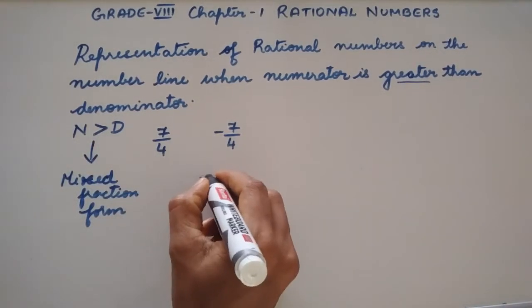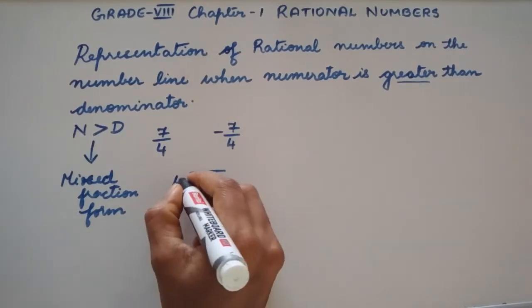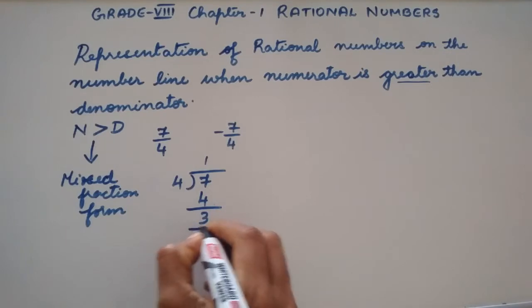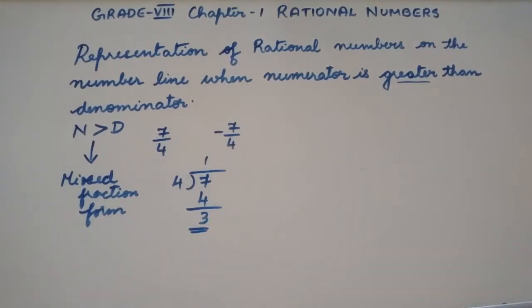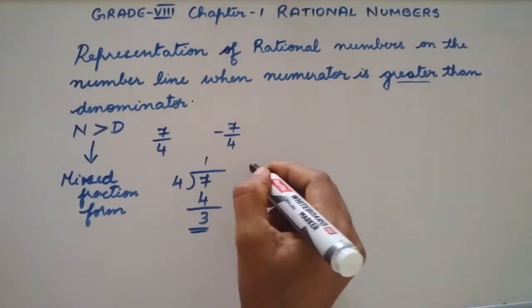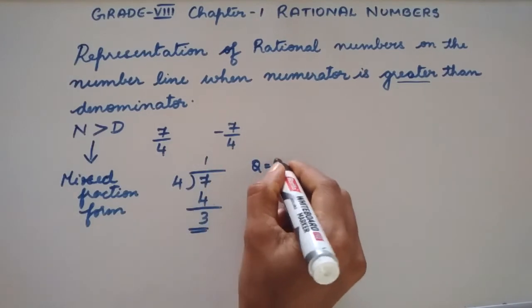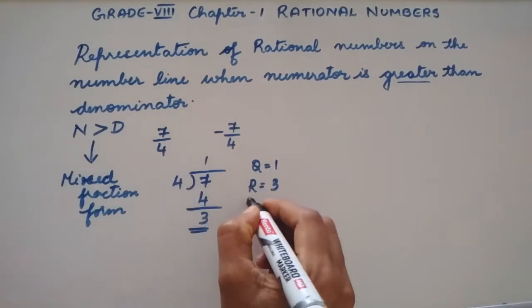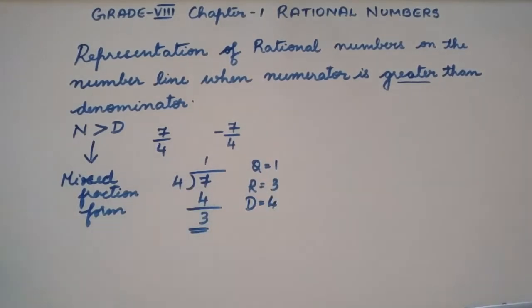We have to divide 7 by 4. So 4 ones are 4 and the remainder is 3. So we get quotient as 1, remainder is 3, and we have the divisor 4.